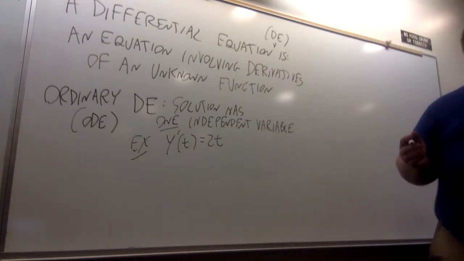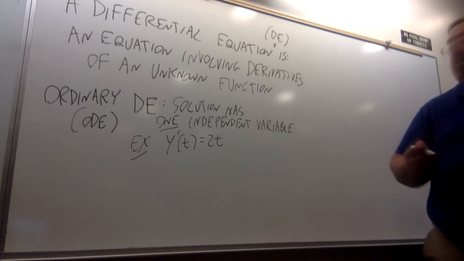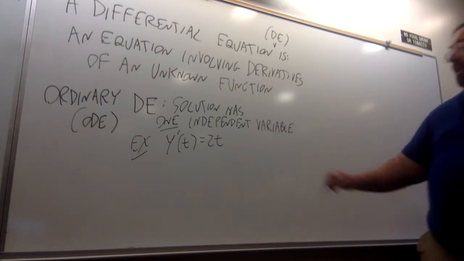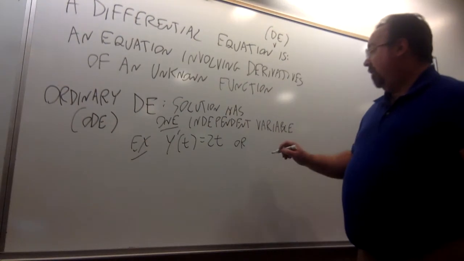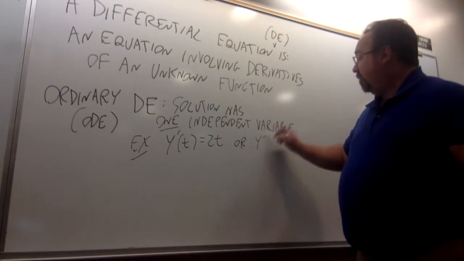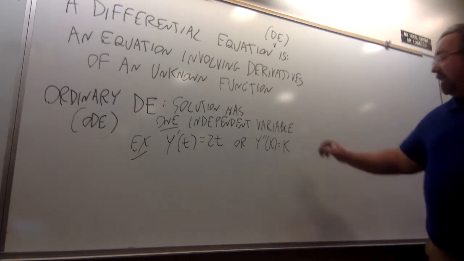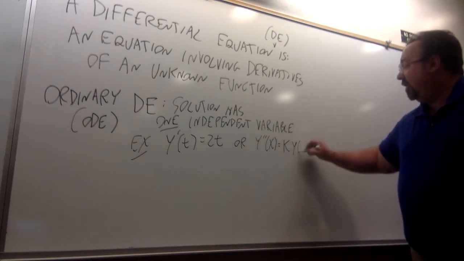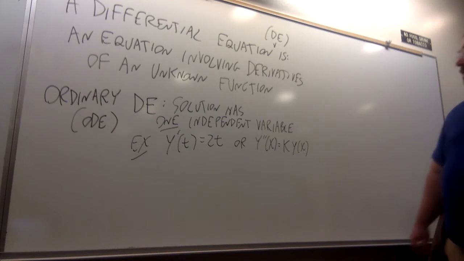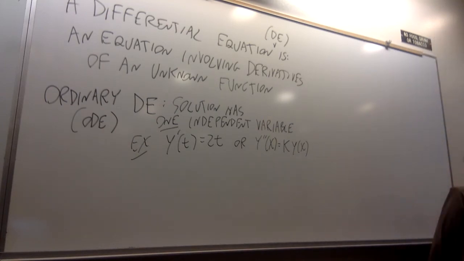So y is our unknown. That's what we're looking for. It depends only on t. Or another one, y double prime of x is equal to some constant that I'll call k times y of x. So here it's depending on only x. So throughout the semester, our solution will depend on x or t depending on the context.